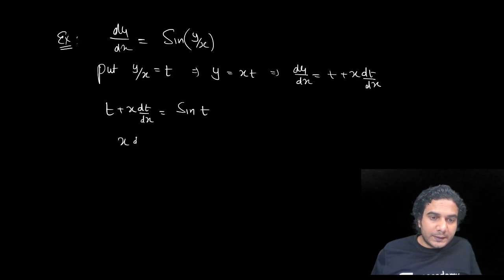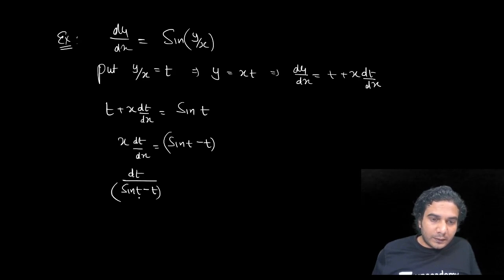Now x dt by dx is equal to sine of t minus t, and you can get dt upon sine t minus t is equal to dx upon x.